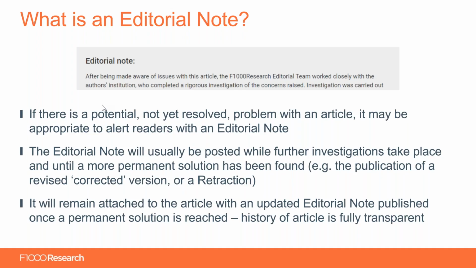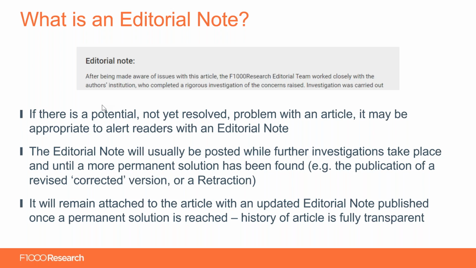Next slide, please. So if there is a potential or not yet resolved problem with an article, it may be appropriate to alert our readers with an editorial note. For example, if we receive information that research or publication misconduct has taken place, this can be raised by reviewers, invited reviewers, and our readers, and we do take these issues very seriously.